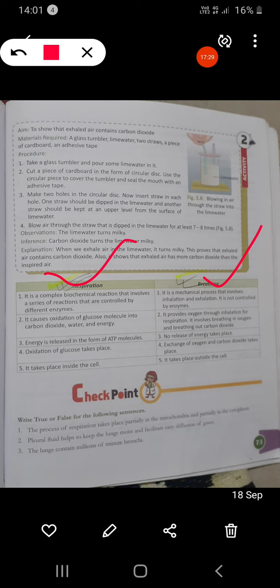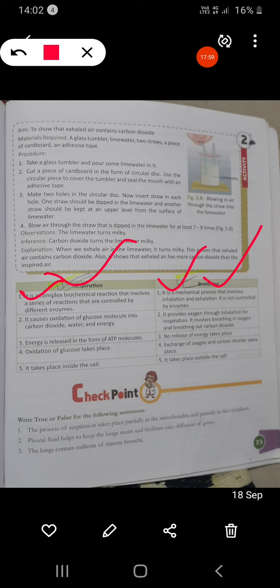Respiration is a complex biochemical process, but breathing is a simple mechanical process, because there is only a mechanical principle there and an organ which acts like a machine. That's why it is known as a mechanical process. The organ, that means the lungs, acts like a machine, and we inhale and exhale.